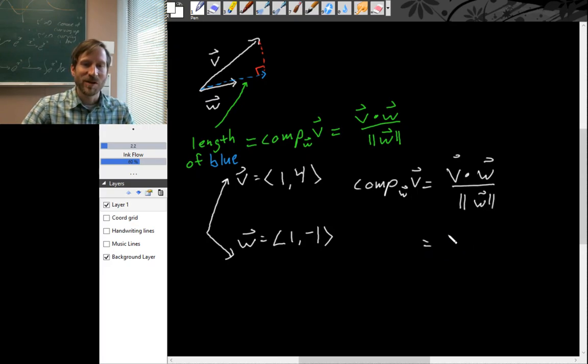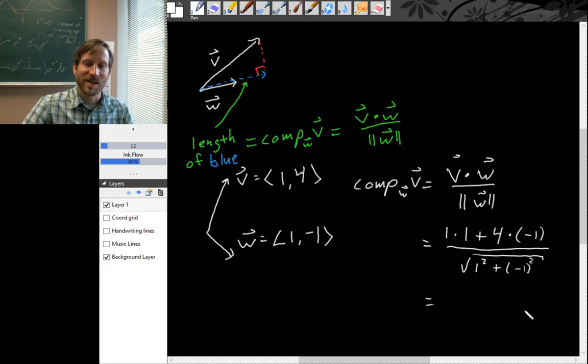So v dot w is 1 times 1, the x-coordinate of v times the x-coordinate of w, plus the y-coordinate of v, which is 4, times the y-coordinate of w, which is -1, over the magnitude of w, and the magnitude of w is the square root of 1 squared plus -1 squared.